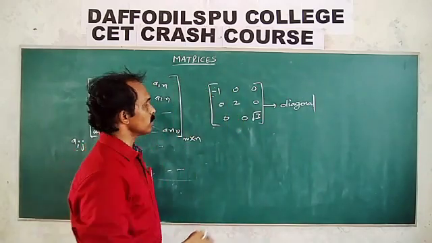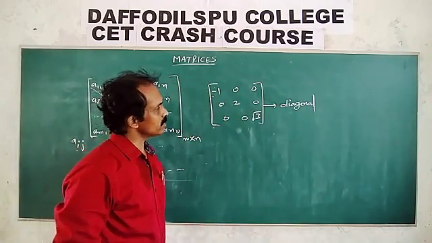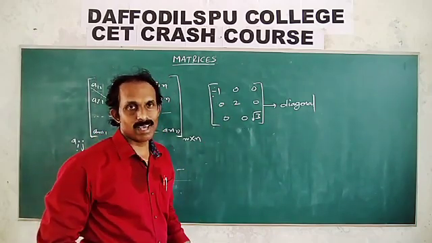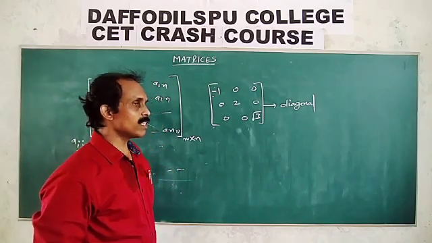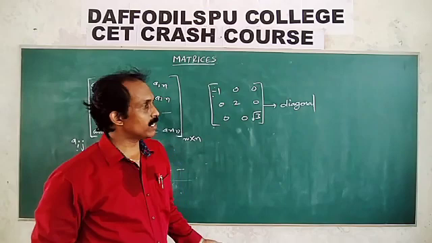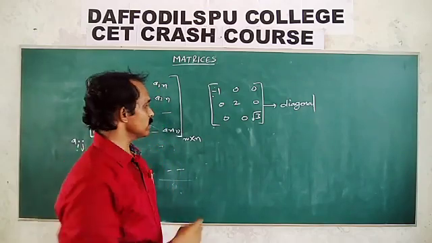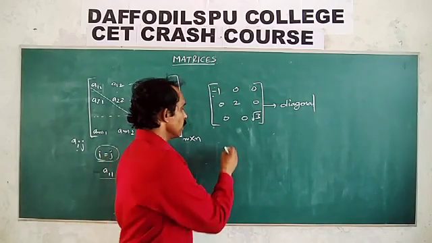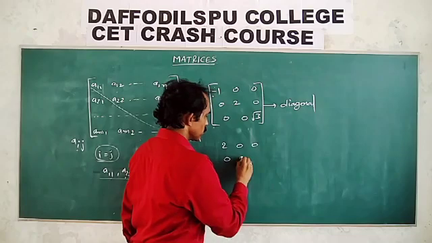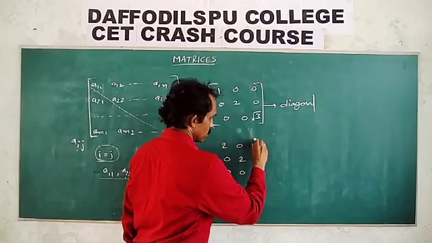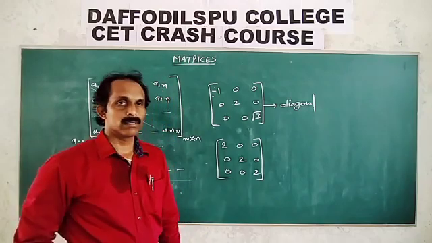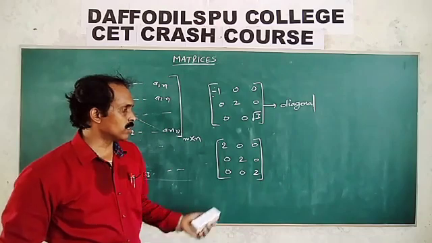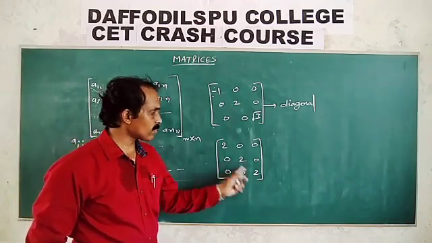Next, the scalar matrix. A diagonal matrix is said to be a scalar matrix when the diagonal elements are equal. In another way, a square matrix is a scalar matrix when non-diagonal elements are equal to 0 and diagonal elements are equal.